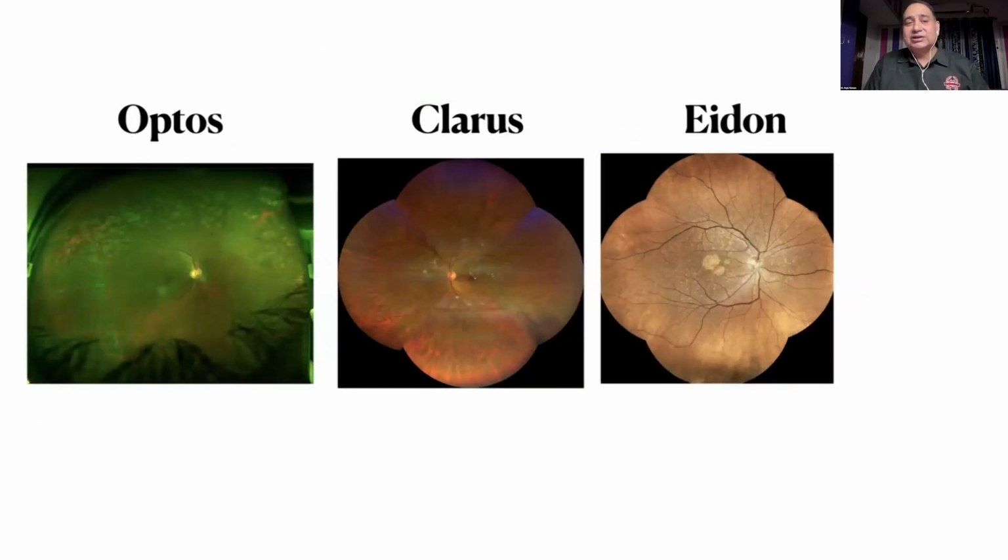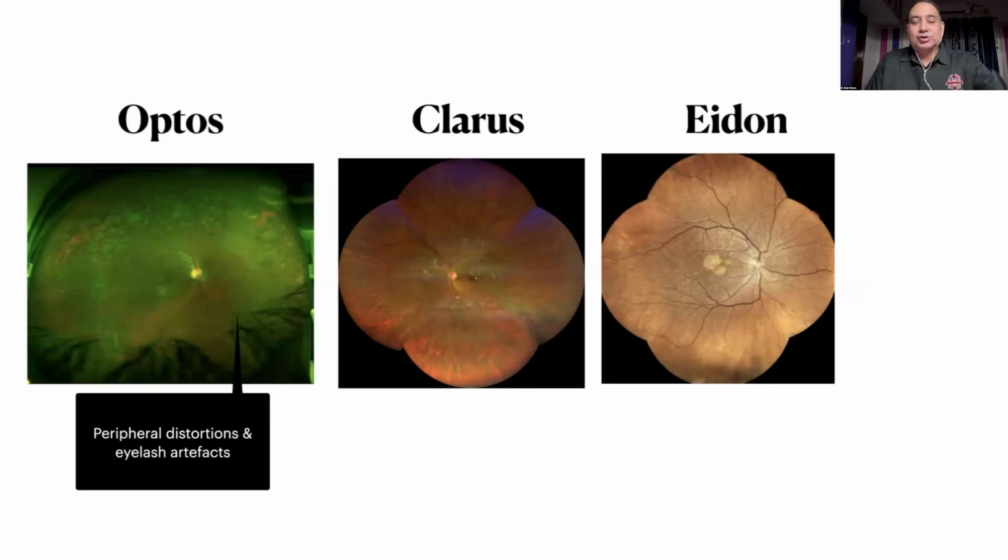However, there are certain limitations for all of them. Optos, definitely these peripheral distortions are the problem, and the eyelash artifacts. Peripheral distortions to some extent have been solved. They now have ProView software, especially for fundus fluorescein angiogram, which takes care of these peripheral warping and distortions.